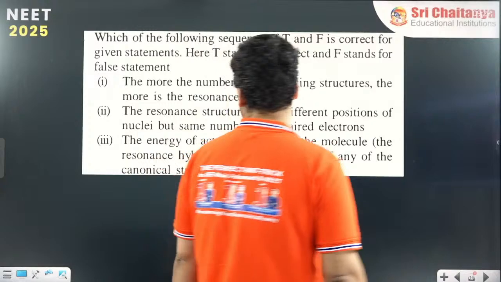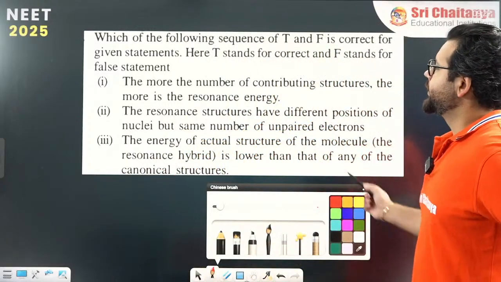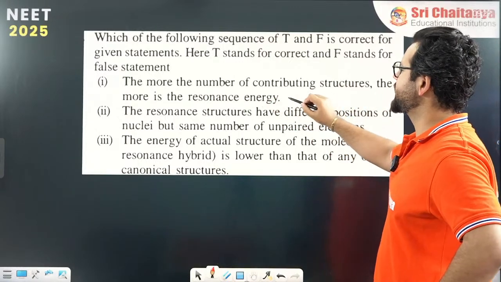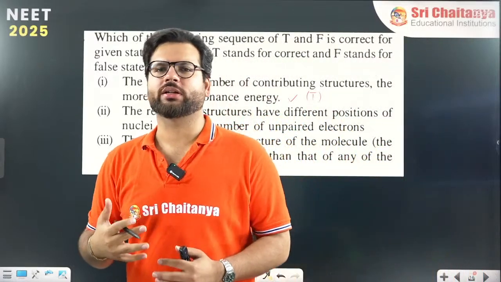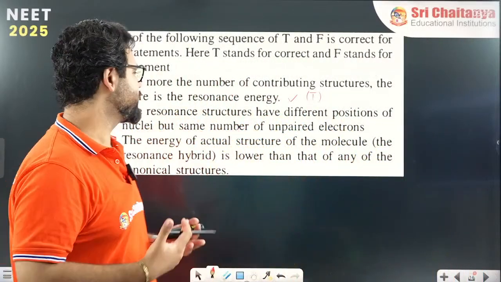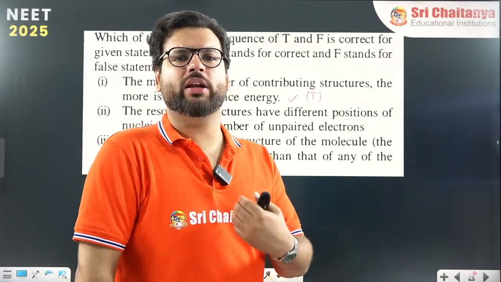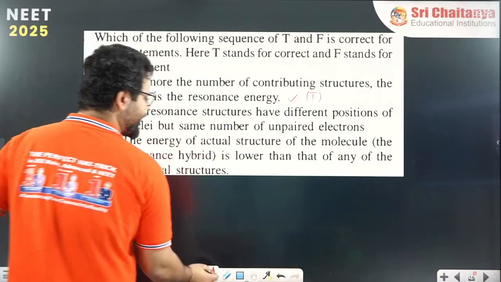Which of the following is true or false, we have to play that again here. Let's see. The more the number of contributing structures, the more the resonance energy. This is absolutely true. Anyone who shows more resonating structures will have more resonance energy. Resonance energy always brings stability, which means more energy will be released. So if any molecule is going for more resonance, that is better.